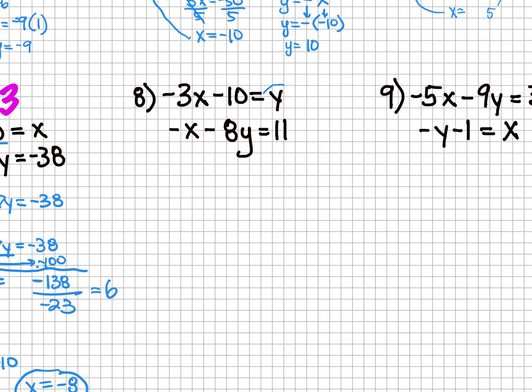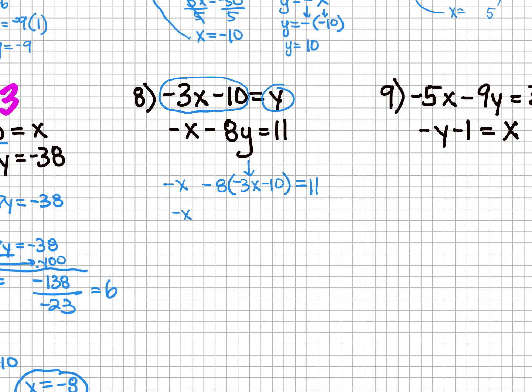Let's see. Y is the same thing as negative 3x minus 10. So I'm going to take out y and plug in negative 3x minus 10. But I have to copy everything else the same. Negative x minus 8 times all of that equals 11. So I use my parentheses. Now this, you might mess up the negatives here.